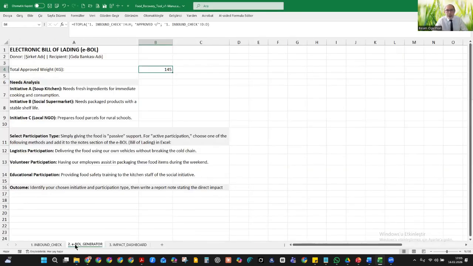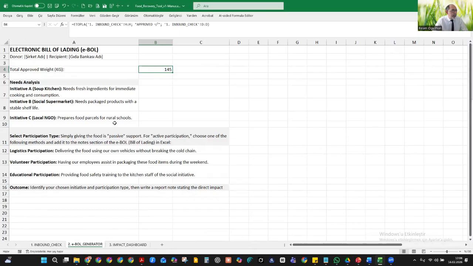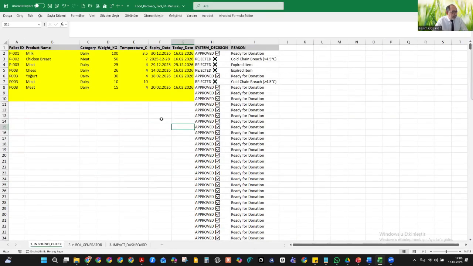The e-bill generator sheet represents the stage where technical data acquires a legal and operational identity. The SUMIF formula here automatically filters and aggregates the weights of only those products that received approval in the previous step.